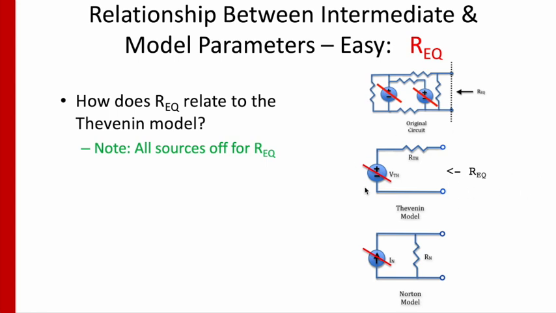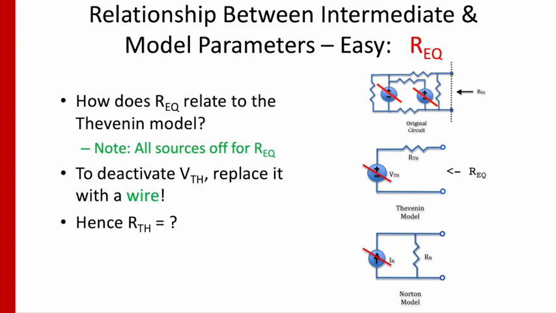Now, how does that relate to the Thevenin model? And notice the sources are off for the Thevenin model and the Norton model when we're talking about R equivalent. If we're going to deactivate the Thevenin voltage, then we replace it with a wire.